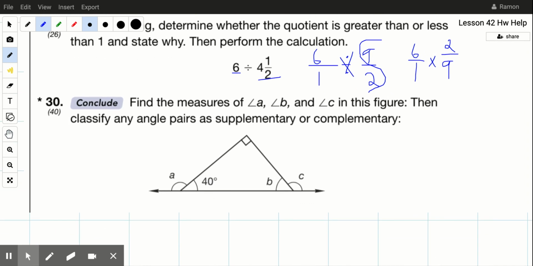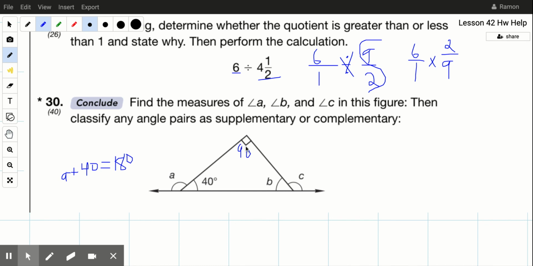30. Find the measures of A, B, and C in this figure. Then classify any angle pairs as supplementary or complementary. Well, we see that this is 90, right? A plus 40 is obviously 180. So we can find what A is pretty simply there. And then how to find B?